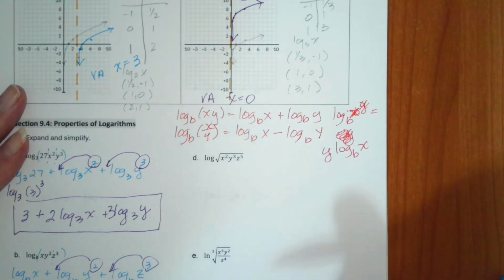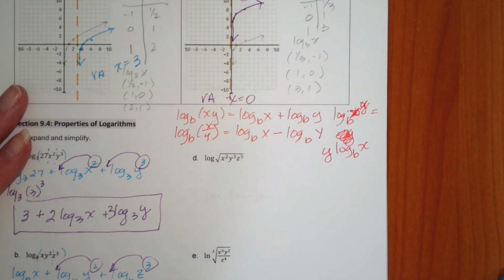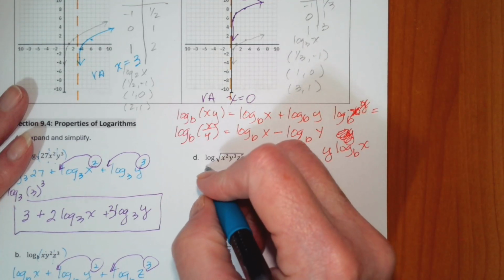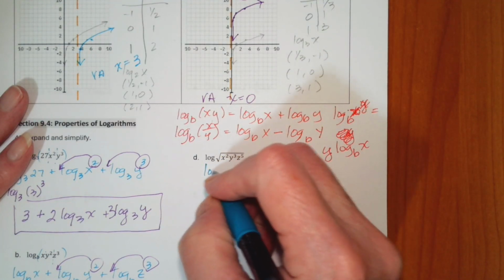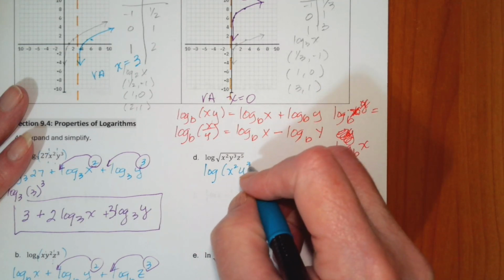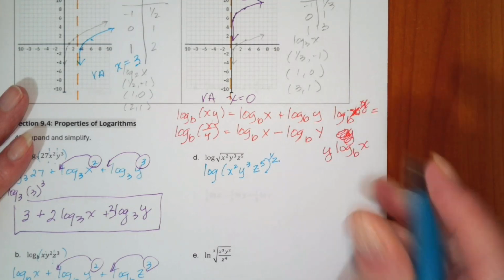Okay, for D, I have the log of the square root of all this. Okay, so the first thing I'm going to have to do here is I am going to write this as log of x to the second, y to the third, z to the fifth, to the 1/2.